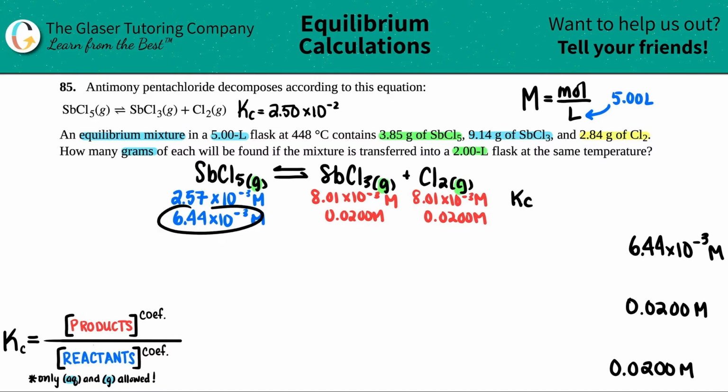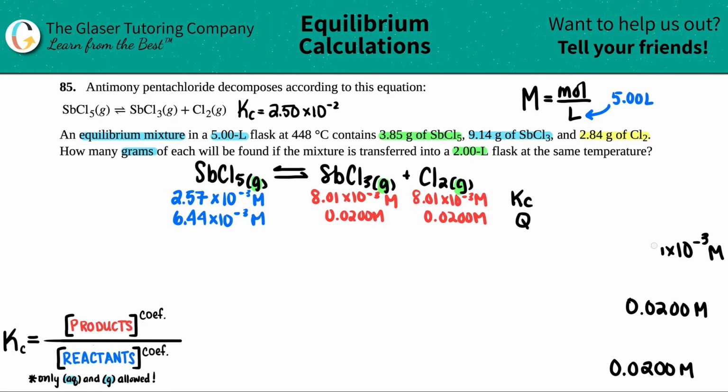Meaning, I don't know if I will subtract from or add to these numbers. So in order to figure that out, remember, we always have to compare the Q value with the Kc value. So from these amounts, I have to find a Q value. And remember, Q is the same equation as the K value.